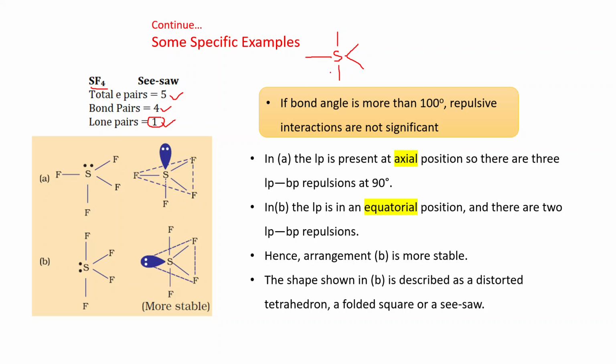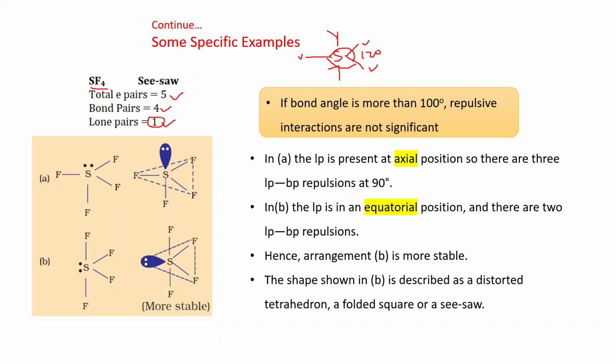Out of these 5, these 3 positions are known as equatorial positions, and these are the axial positions. And this bond angle is 120 degrees. This is also 120 degrees. This is also 120 degrees. That is, equatorial bonds are making 120 degree bond angles to each other.